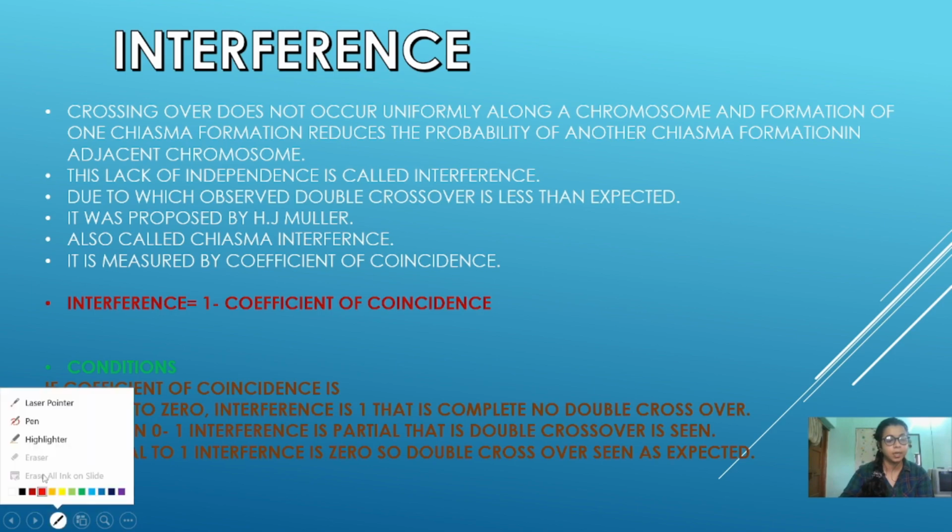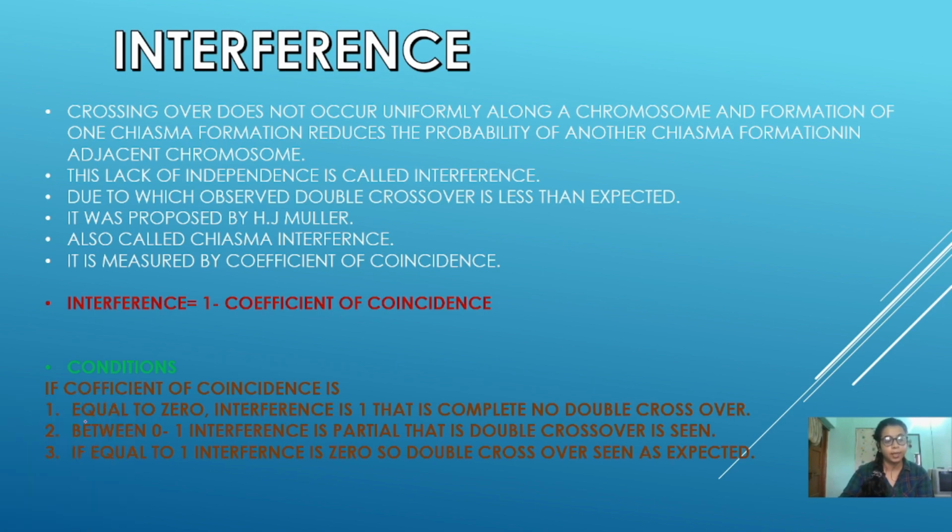Then what are the conditions for the coefficient of coincidence? You can see these certain conditions highlighted here. If coefficient of coincidence is 0, then 1 minus 0 is 1, so interference will be 1. As a result it will show complete interference, meaning no double crossover will be seen.